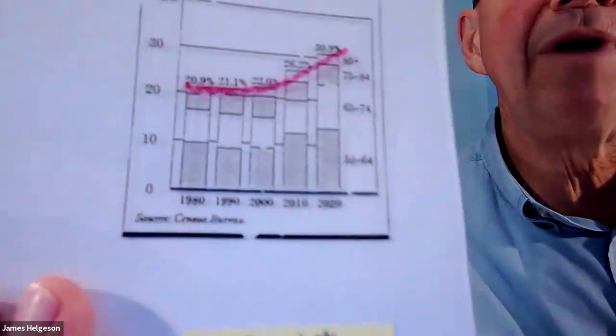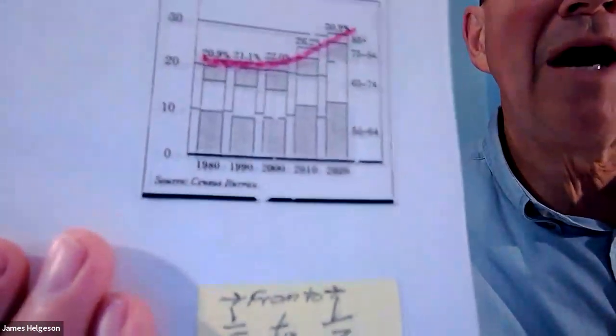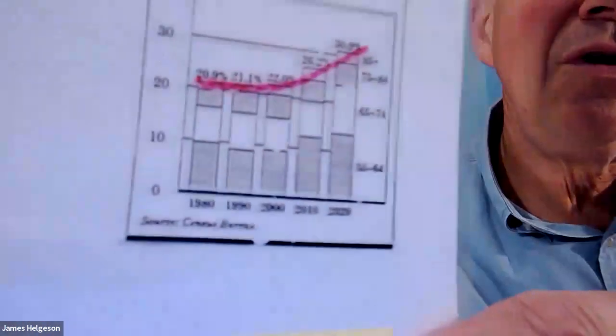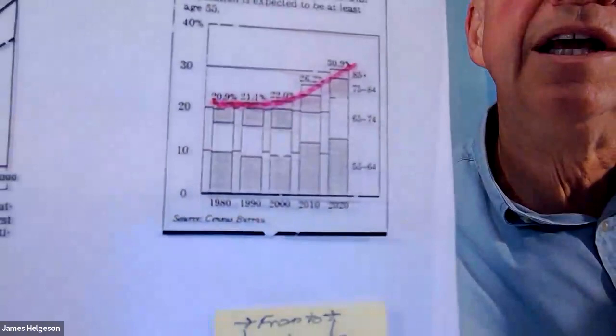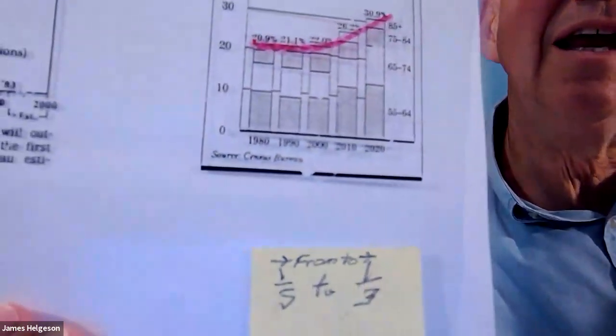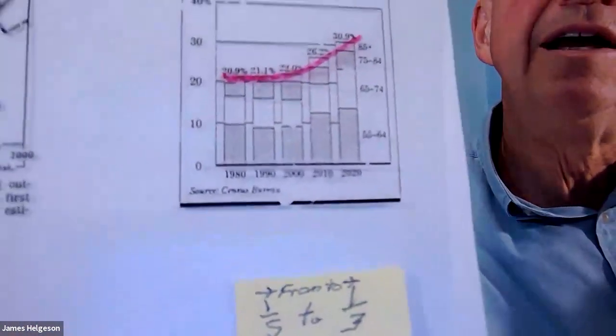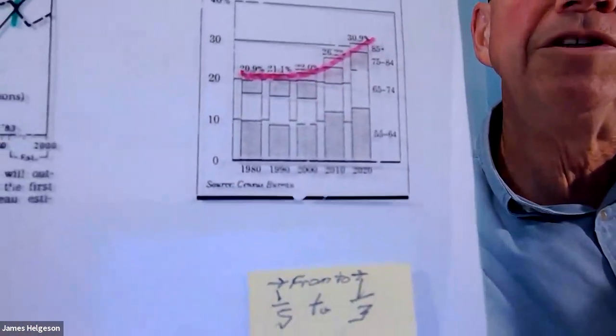40 years from about a fifth of the population in 1980 to a third of the population in 2020, this year or something. That's an estimate from a while back, but you can check it out.